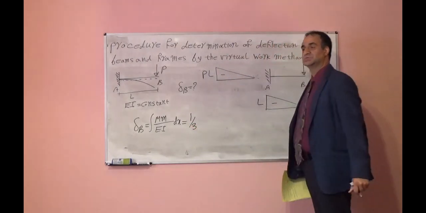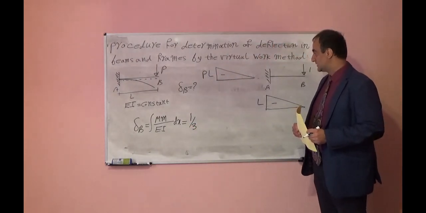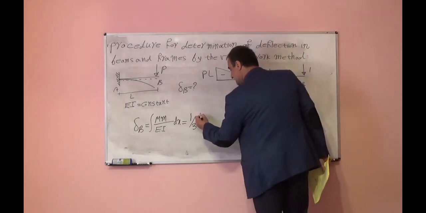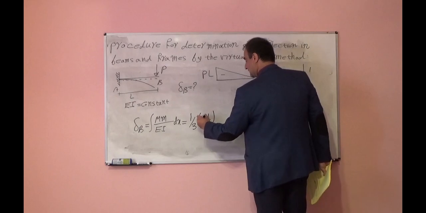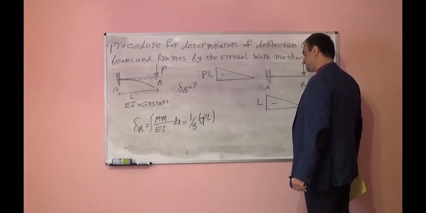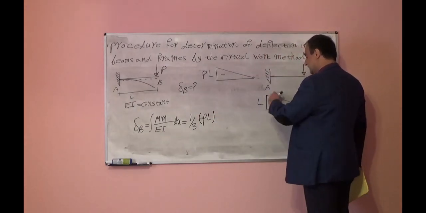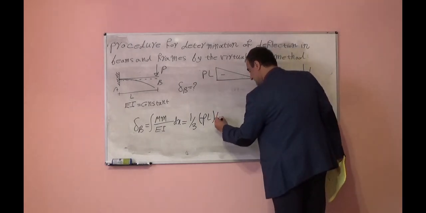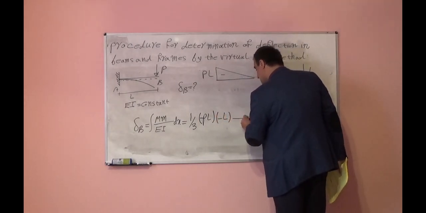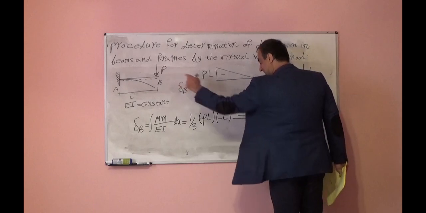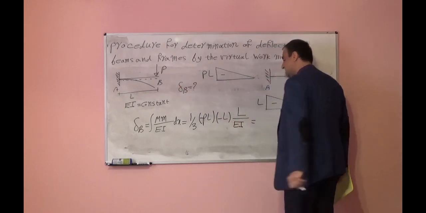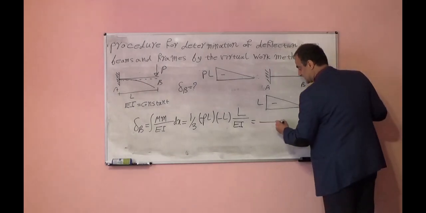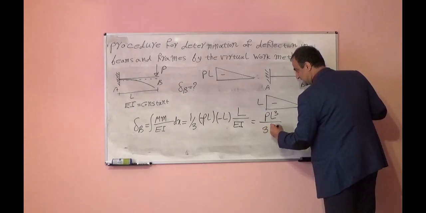You can look at those table. You will see it is 1 over 3 times the maximum moment here under real load PL. Of course it is negative. The maximum moment under virtual load is negative L times the constant of length divided by EI will give us deflection. So this will be PL cube over 3EI.